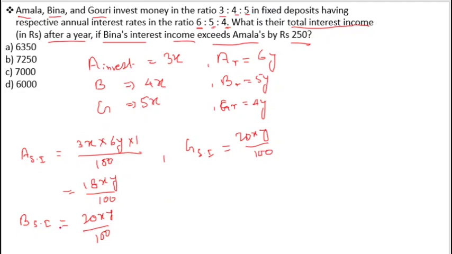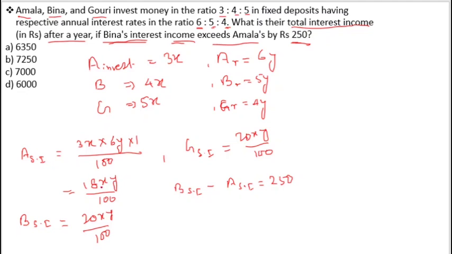So as we can see, Bina's and Gauri's interest are the same, but Amla's is different. It says that Bina's interest income exceeds Amla's by 250. So Bina's interest minus Amla's interest is given as 250.